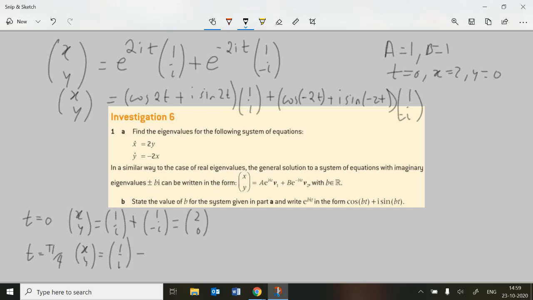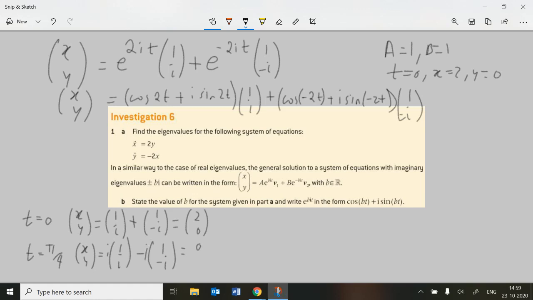1i minus 1 minus i, and here we're going to get 1 take away 1 is 0. And then we're going to get, I'm missing something here. I'm missing the fact that I need to times those by i again as well. So there's my i. And just put that i in there, try and squeeze that one in.